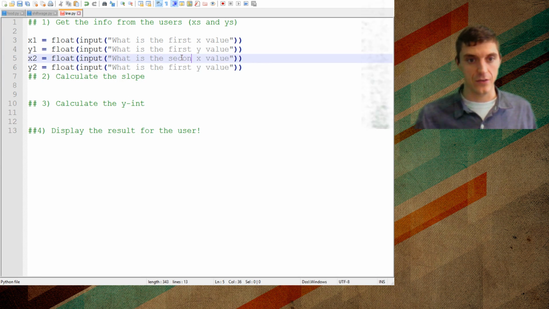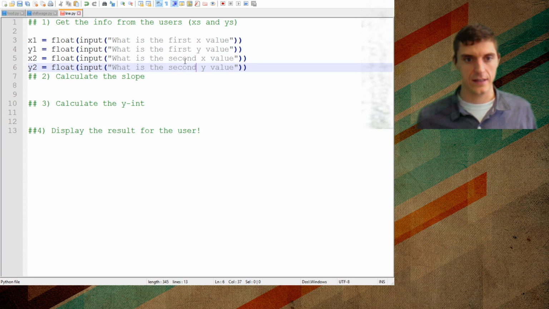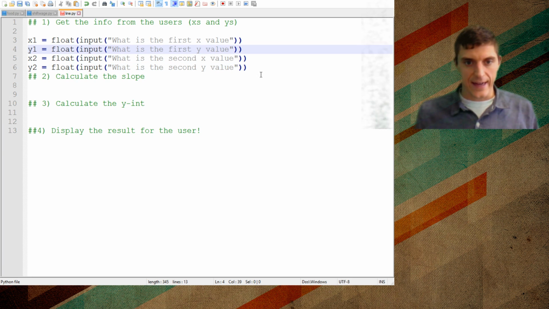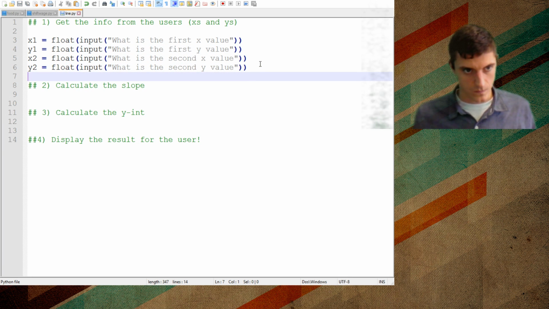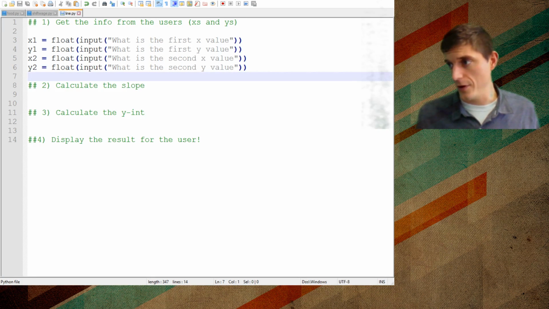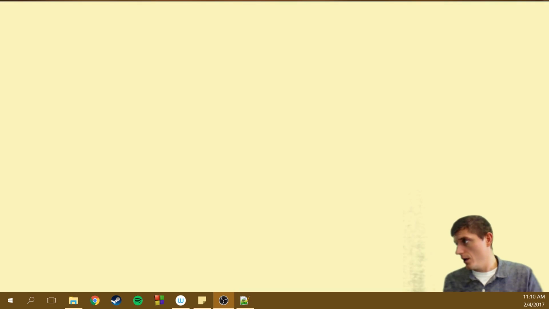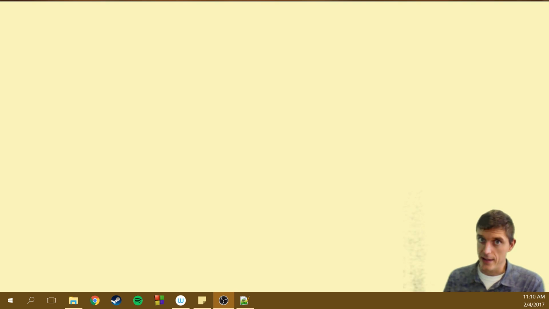Okay, I guess here I have to do a little bit of typing. Second x and second y. So now I have the X and Y values. Let's go over to the board and see what we need to do for the slope now. So I'm going to create a sample one with numbers that I know will work.